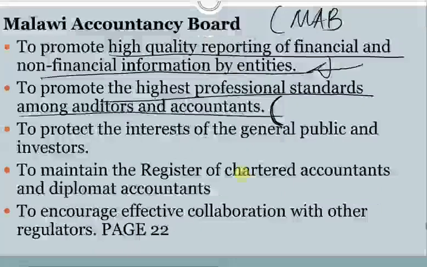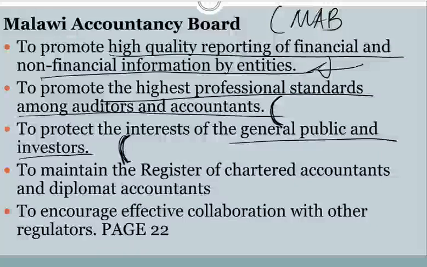The other thing is to protect the interest of the general public and investors. We know that as accountants, we are working in the interest of the general public, right? We don't want accountants to be stealing or acting in their own interest. So the MAB is there to make sure that everything that we do as accountants is in the best interest of the general public.